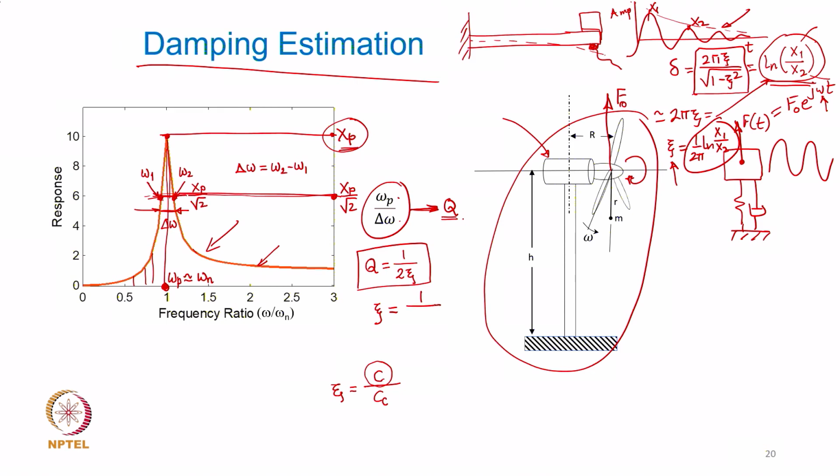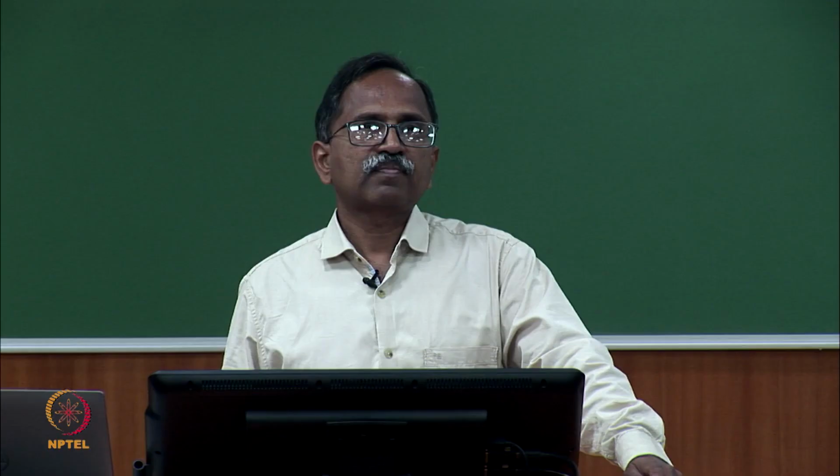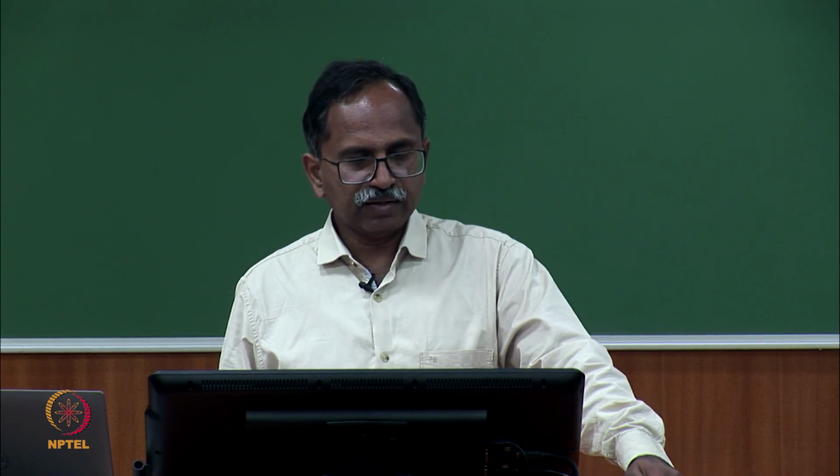It is going to be 1 upon 2 into q, where q, it is possible to show, is the ratio of the peak amplitude frequency over the frequency bandwidth. That frequency bandwidth is something which we are going to discuss. So, is this clear? This is the second alternate method of estimating the damping in a practical vibratory system.